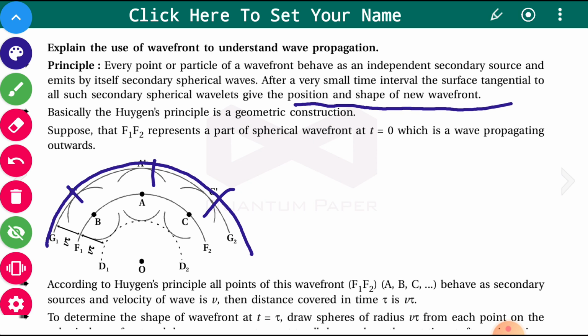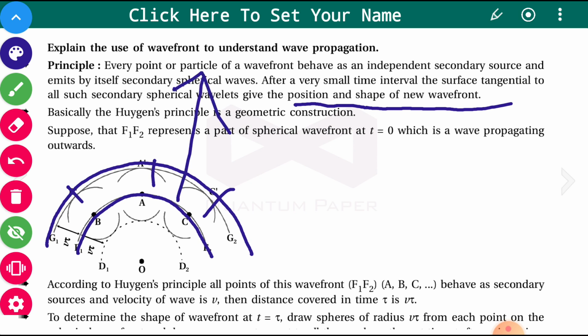Basically, the Huygens principle is a geometric construction. Let us suppose that F1, F2 represent a part of a spherical wavefront at t = 0. So this is your F1, F2 at t = 0, which is a wave propagating outward.